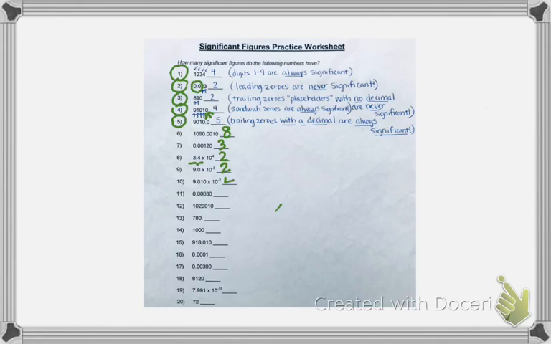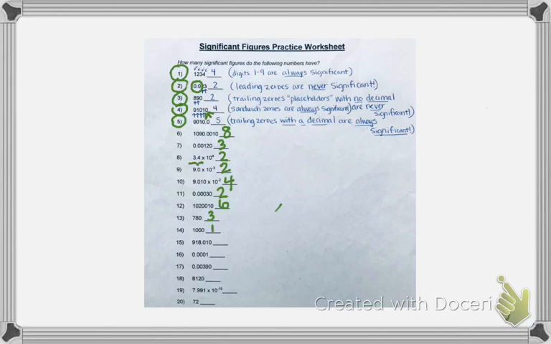The 3 and the 0 behind it are significant. 1, 2, 3, 4, 5, 6 here. That 0 on the end is not. There is a decimal right here behind the 0 in 780, so all 3 are significant. If that decimal wasn't there, then no, it would not be significant.